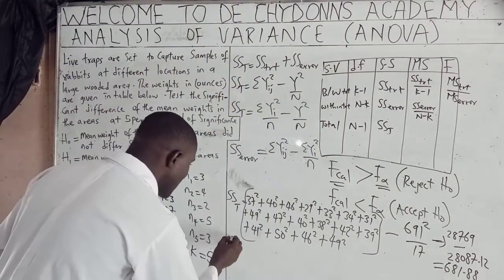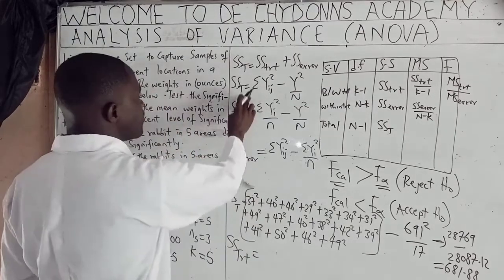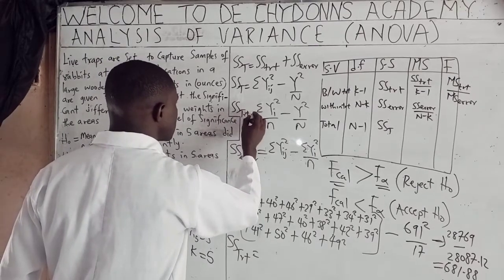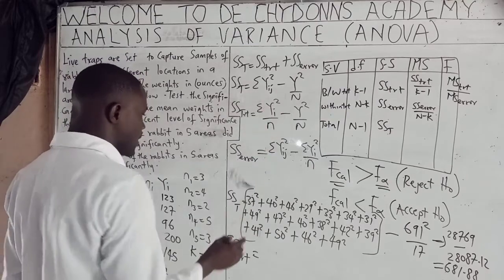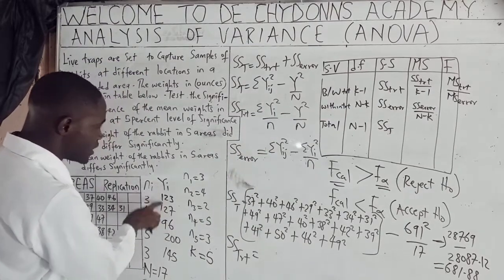Okay? Now SS treatment: the formula says SS treatment equals the summation of yi squared over n.